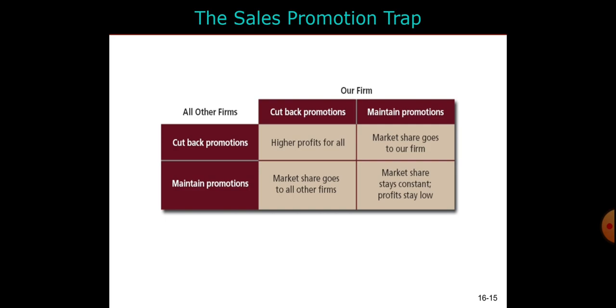If our firm cuts back on promotion whereas the competitor maintains the promotions, then the market share goes to the competition. On the right-hand side, maintain the promotion. If our firm maintains the promotion and the competition cuts back, then obviously the market share of our firm will go up. If our firm maintains the promotion and the competition also maintains the promotion, the market share stays constant. Okay, that's it. Thank you.